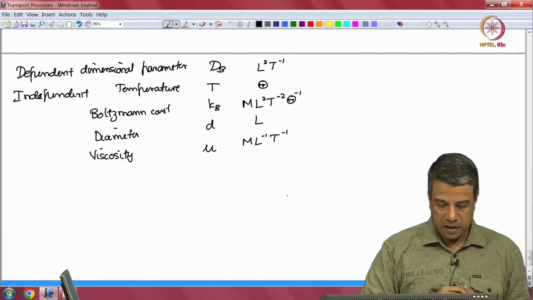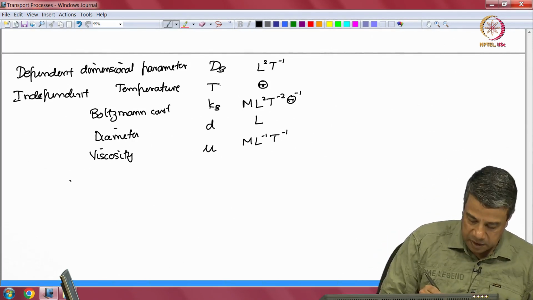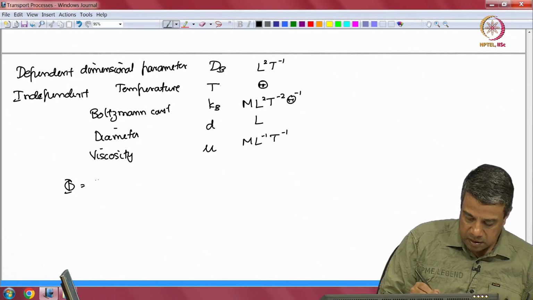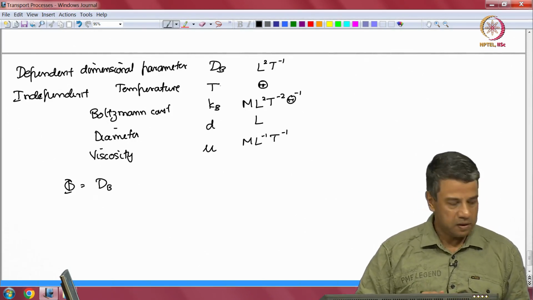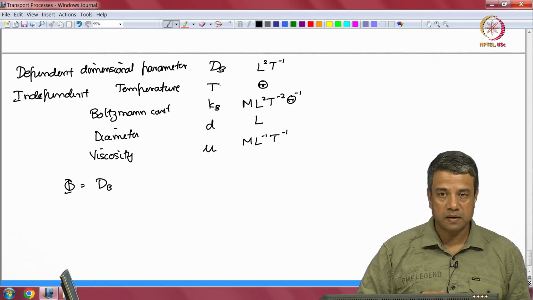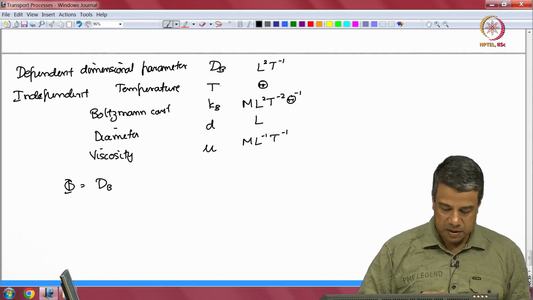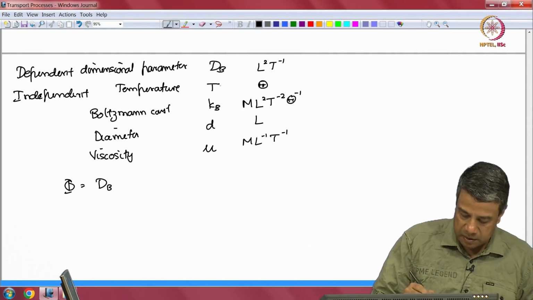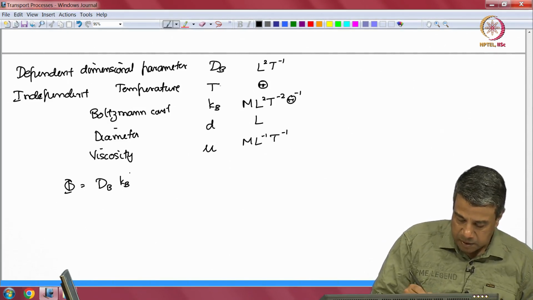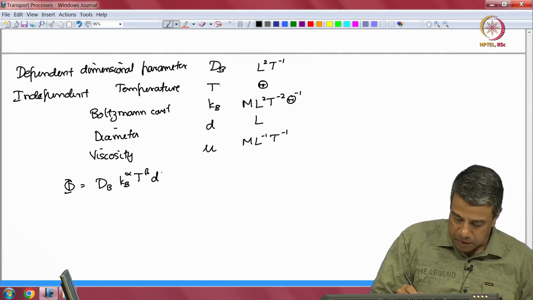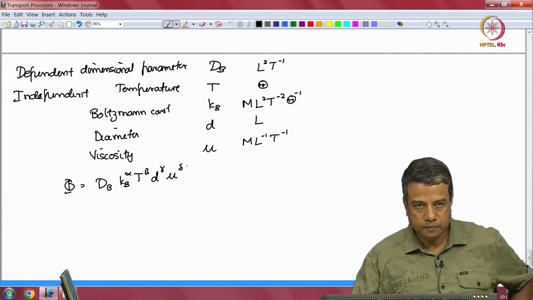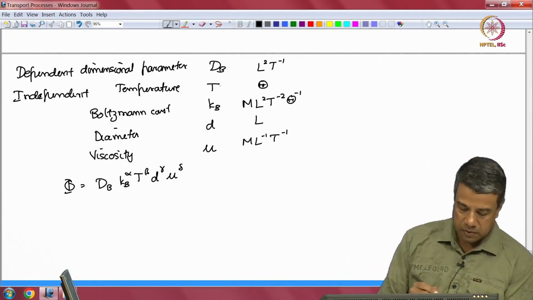That dimensionless group can be taken as, I can always take the dependent parameter to the first power, times combinations of the independent parameters, Kb to the power alpha, T to the power beta, d to the power gamma and mu to the power delta. And I substitute the dimensions.